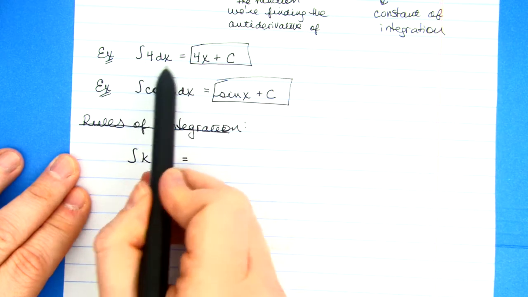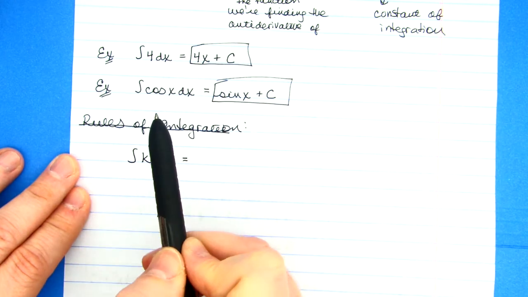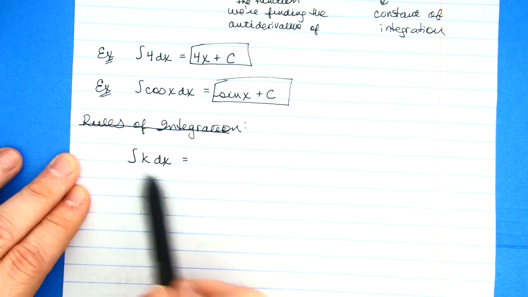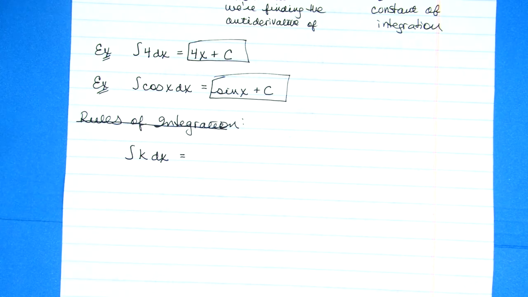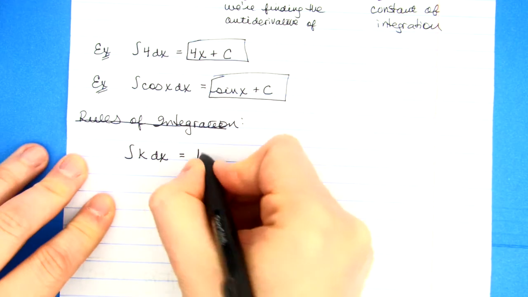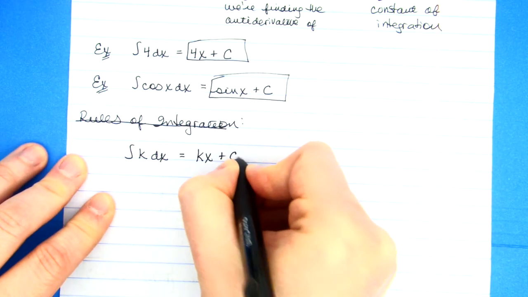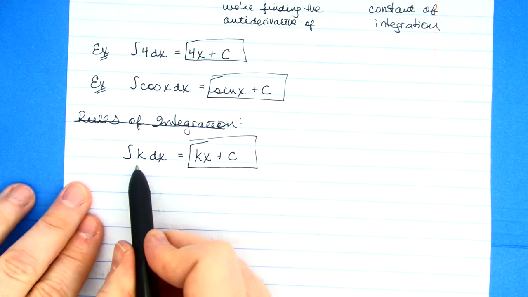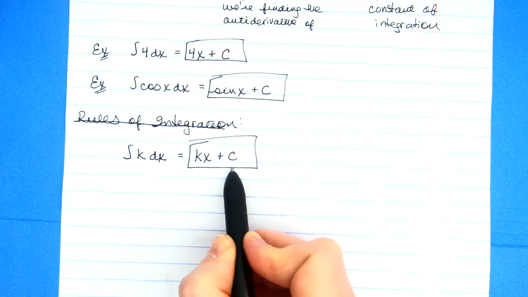I was integrating the constant 4 dx. What was my answer? It was 4x plus a constant. So over here, what's that integral going to be? Should be kx plus a constant. Two different constants, one that was in the problem originally, one that comes from integrating.